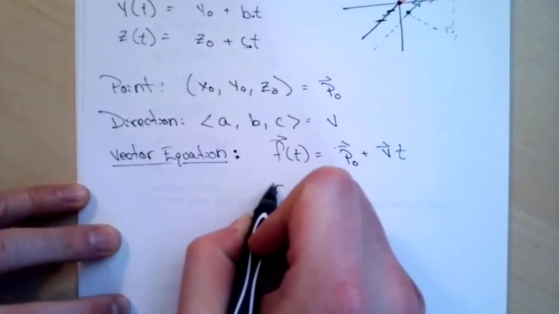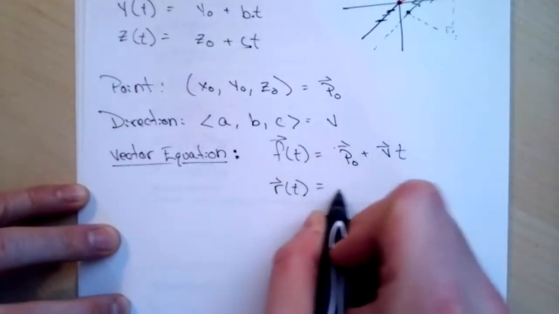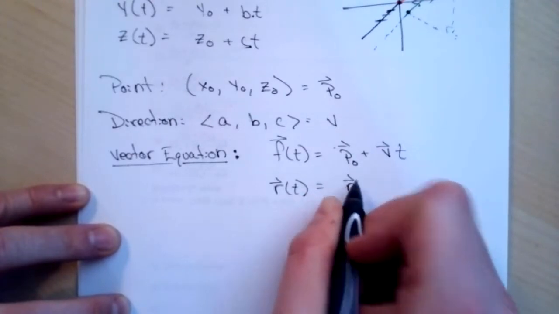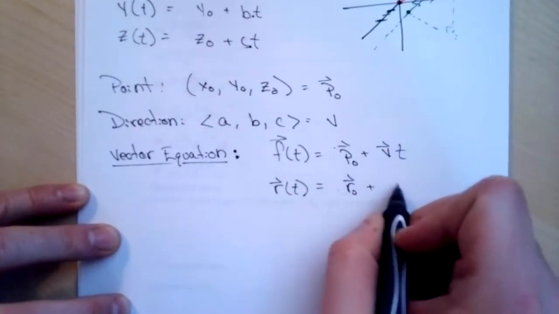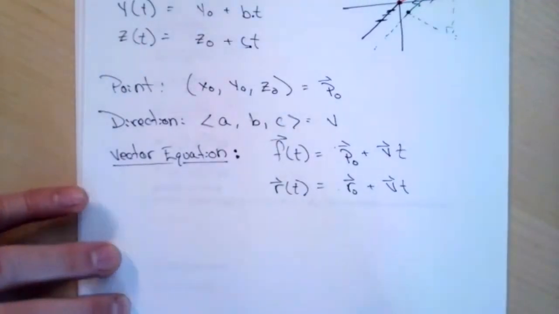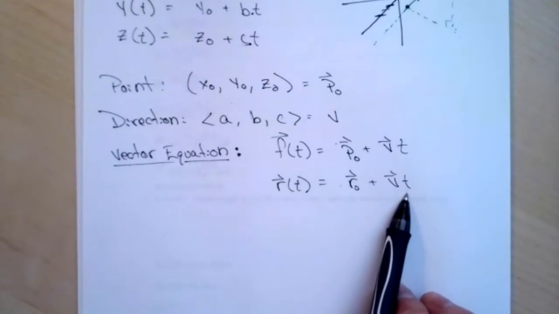So I wrote it as f. Sometimes, and actually oftentimes throughout this course, we'll use the letter r. And p naught, sometimes you could put it as r naught, whatever initial point you're at. Directional vectors, we commonly use v, u, sometimes w will show up there. And of course, as we saw when we learned vectors, vectors can be multiplied by scalars.